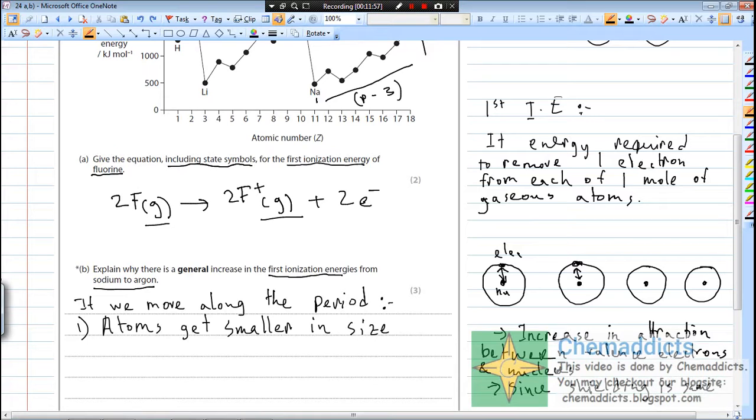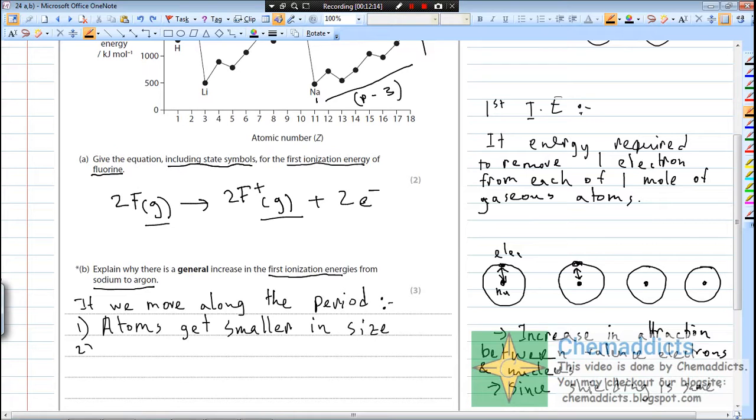Since the shielding is the same, the attraction between the valence electrons and the nucleus increases. Okay. So this results in atoms getting smaller in size.